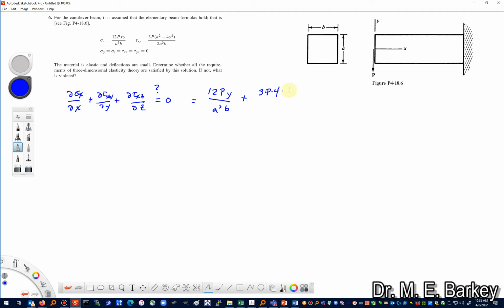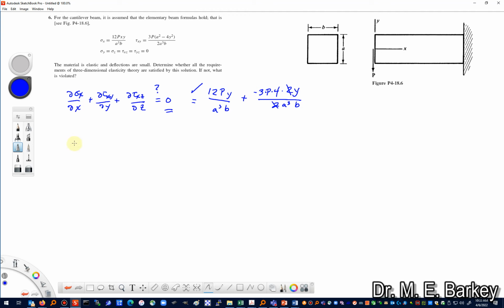Then we take the partial derivative. We're going to get a 2y. And then we'll have 2a cubed b. So let's see, the 2's cancel out. We're left with, there should be a minus sign in here, we're left with 12py over a cubed b. Okay, so that does indeed equal 0 for that particular one.